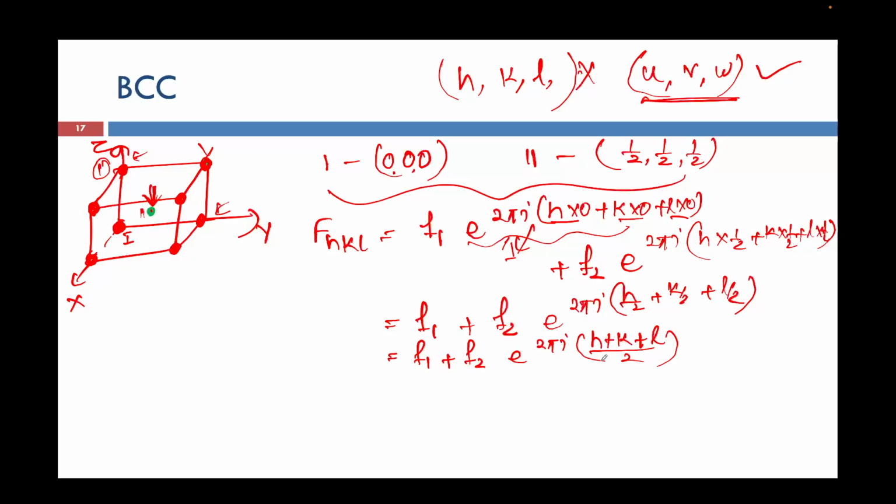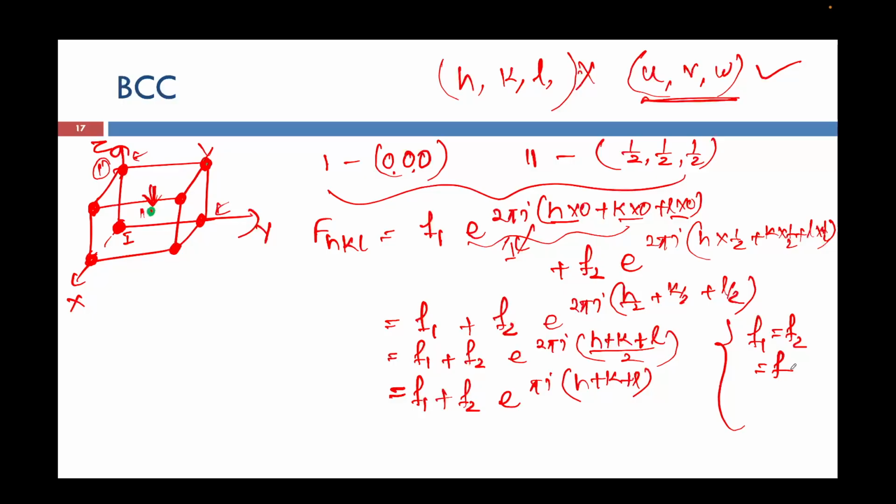So you will be coming up with F1 plus F2 e to the power pi I (h plus k plus l), right? Now, since I am taking one type of atom, F1 and F2, the scattering ability of each of the atoms will be the same. So you can take F1 is equal to F2 is equal to F. Due to their position they will be giving different amplitude, okay.